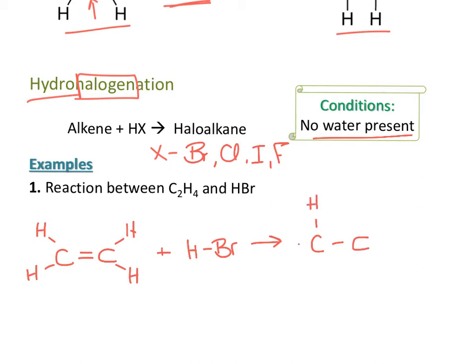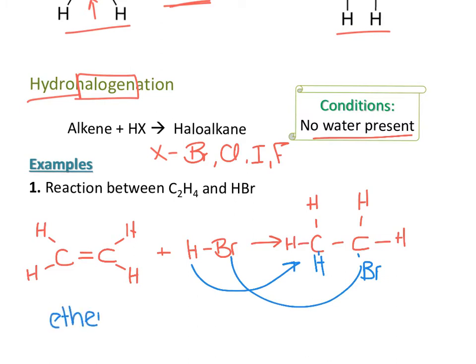Both carbons keep their original two hydrogens, and the H goes to one carbon, and the bromine goes to the other. Now it doesn't matter which one it goes to because we get the same product. So we had ethene, and now we have bromoethane.